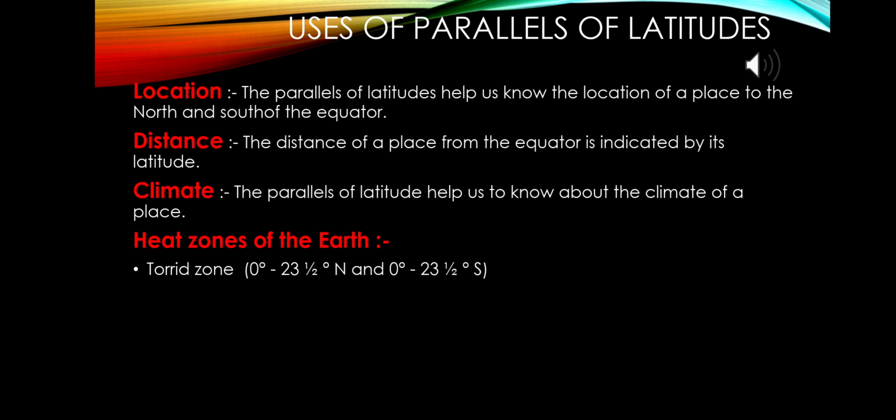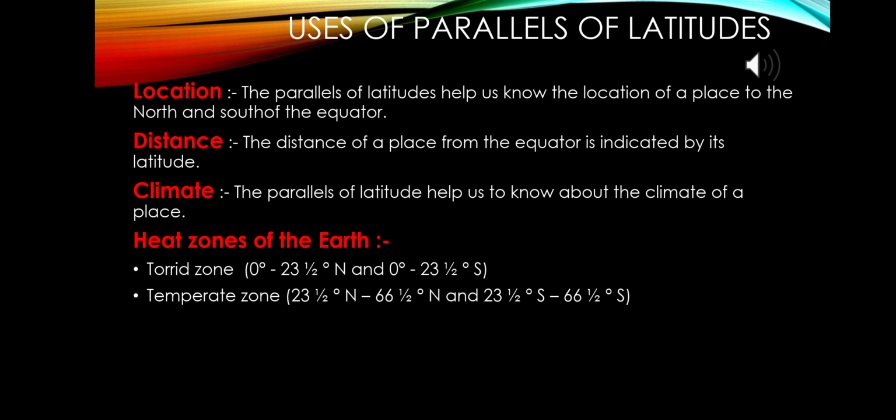Next is the temperate zone, located from 23.5 degrees north and south latitude to 66.5 degrees north and south latitude. These regions are known as temperate regions because in either hemisphere they have moderate temperature.